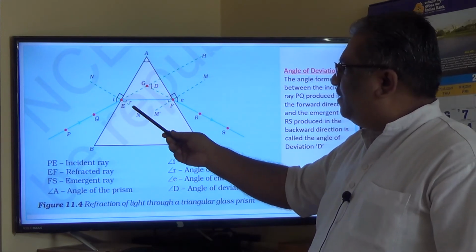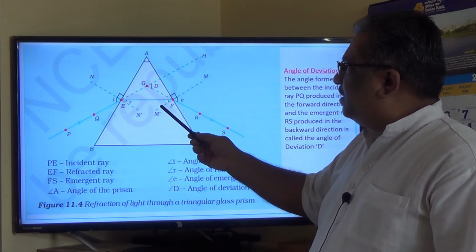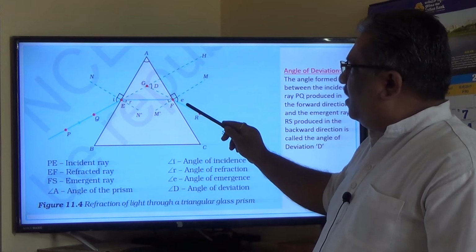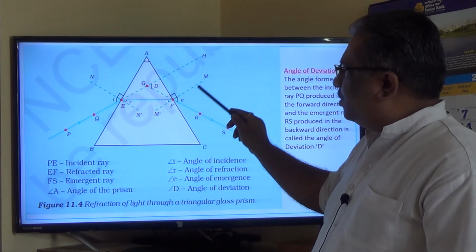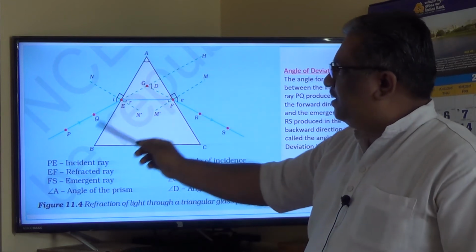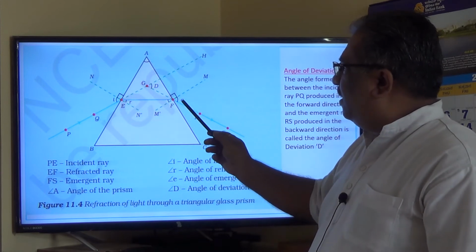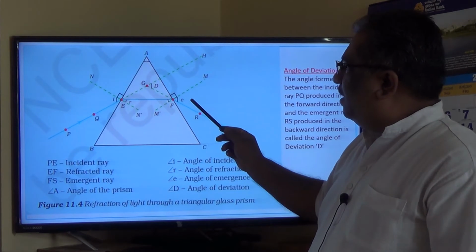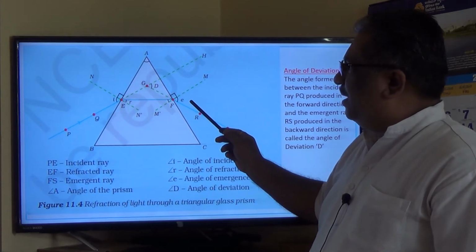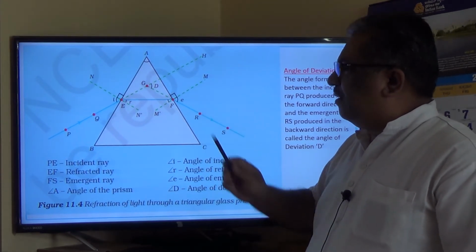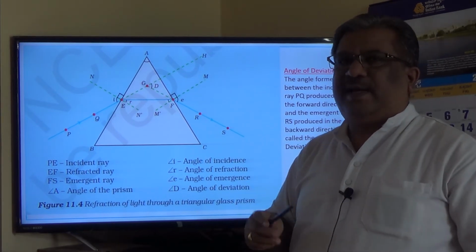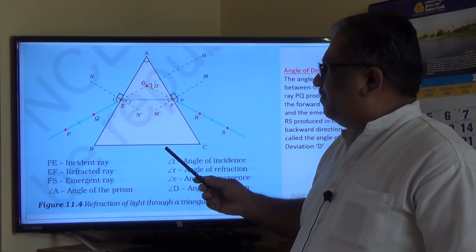When a ray of light EF passes from a denser medium to a rarer medium, it bends away from the normal, making an angle of emergence e with respect to the normal. So incident ray, refracted ray, emergent ray. Angle of incidence, angle of refraction, angle of emergence. Is it clear for you? And this is how the refraction of a ray of light takes place in a glass prism.